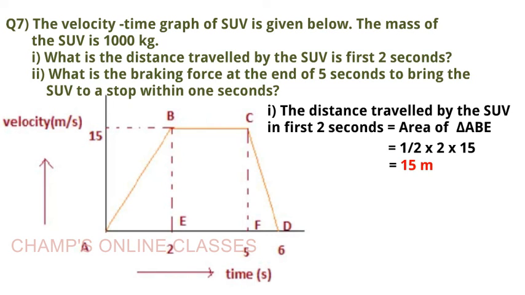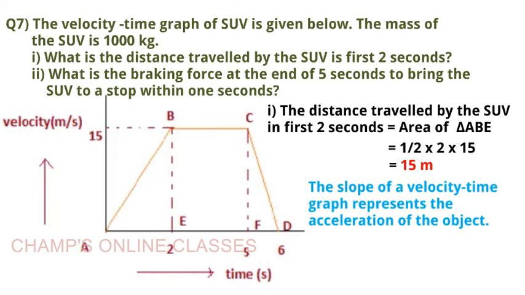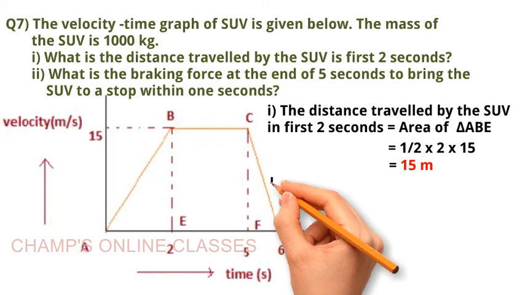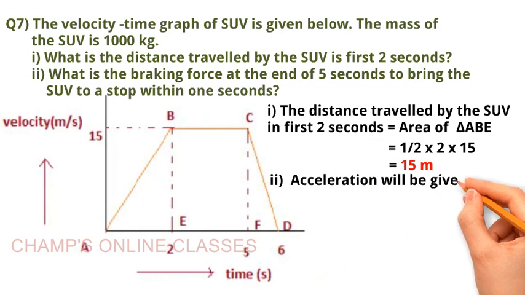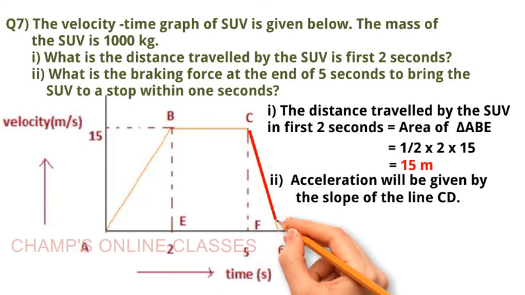Now again a very important thing, that is the slope of a velocity time graph represent the acceleration of the object. Now here, as we have to calculate the braking force at the end of 5 seconds to bring the SUV to a stop within 1 second, we will be calculating slope of line CD to get the acceleration.